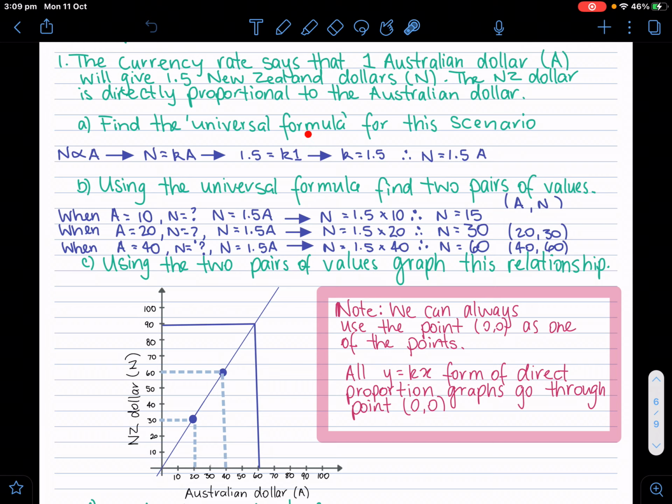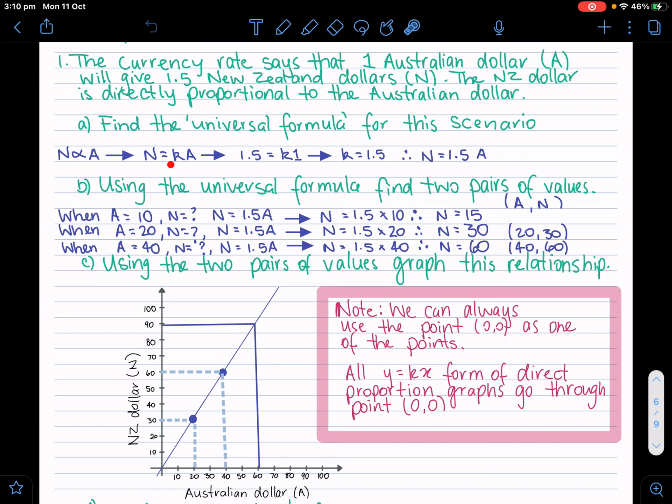Now, if you remember your steps from direct proportion, step 1 is to write your proportional statement. New Zealand dollar is directly proportional to the Australian dollar, and we have the direct proportion symbol there, the fish symbol. Step 2, replace that fish symbol with equals k. N equals kA, so wherever the fish symbol was, put equals k.